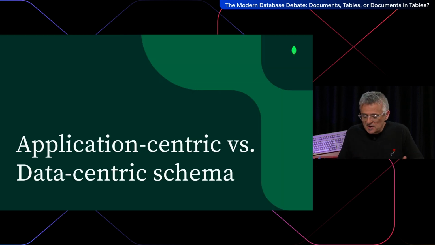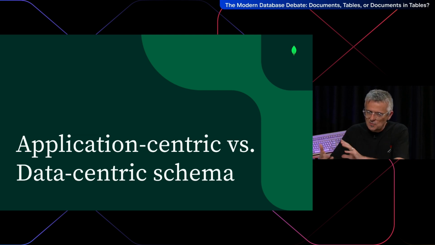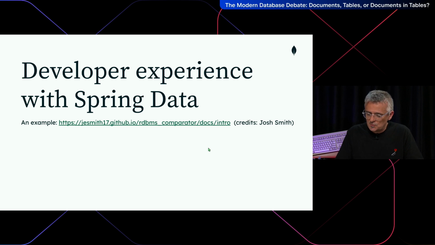Okay, then from an application point of view, that was very database related. So the document model is very application-centric, about how you access data, and the relational model is data-centric. To show the difference from the application point of view, I'm just stealing some work from a colleague, Joe Smith, who has built a Spring Data application with orders and customers.